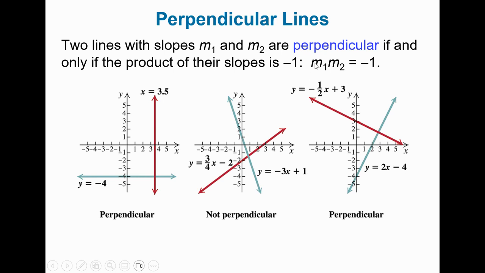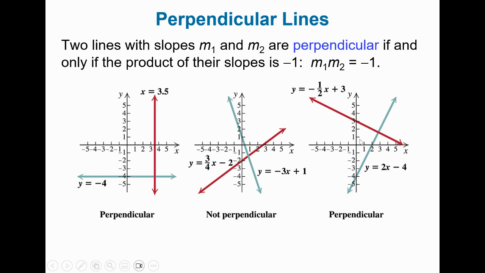Here's what he says. Lines that are perpendicular have slopes whose product is -1. Another way of thinking about that, you can say lines that are perpendicular have slopes that are negative reciprocals of one another. Notice the case here. -1/2 times 2, the product of the slopes of this line and this line, equals -1.